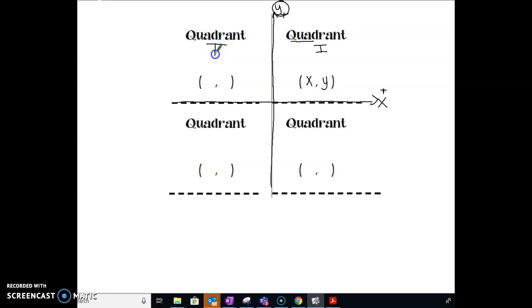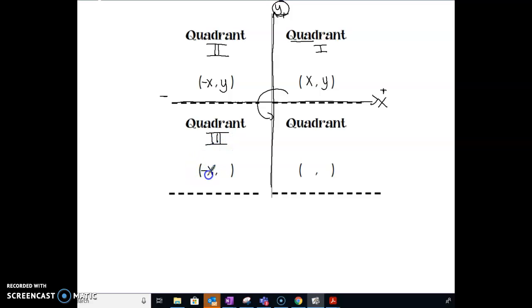Quadrant 2, and I'm going to write it in Roman numerals, quadrant II. That is when you move to the left, so x is negative, and you move up, so y is positive. Quadrant 3, because we're moving counterclockwise, is where everything is negative.